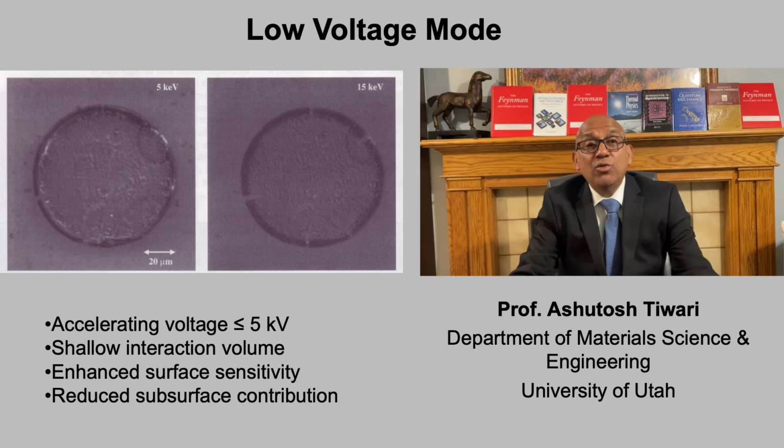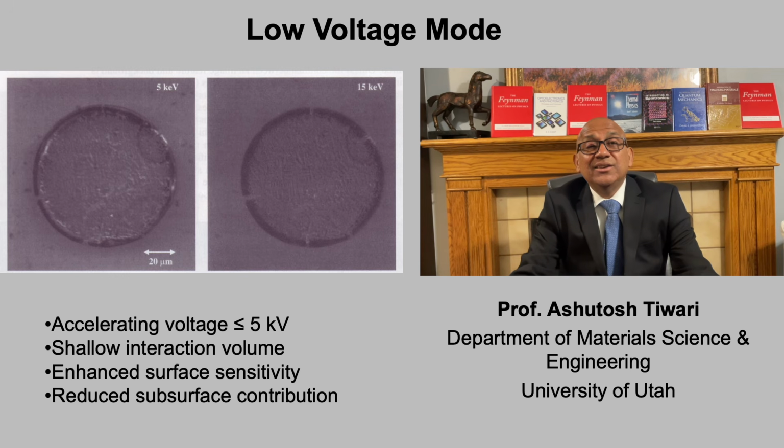This makes low voltage imaging especially useful for studying thin films, surface coatings, fine topography, and delicate or beam-sensitive materials. The images shown here illustrate this effect clearly. On the left, the image acquired at 5 kV shows enhanced surface detail, with sharper contrast at the edges and finer texture visible across the surface.